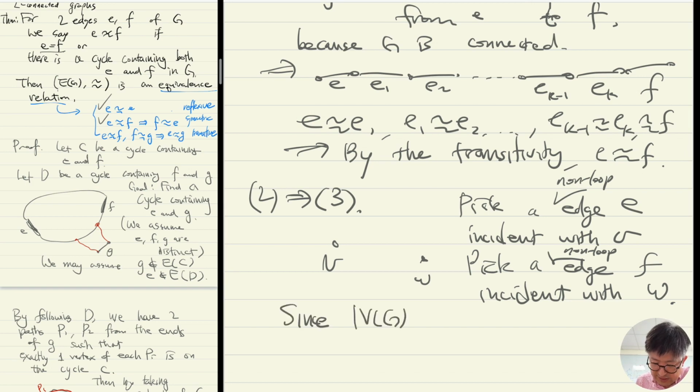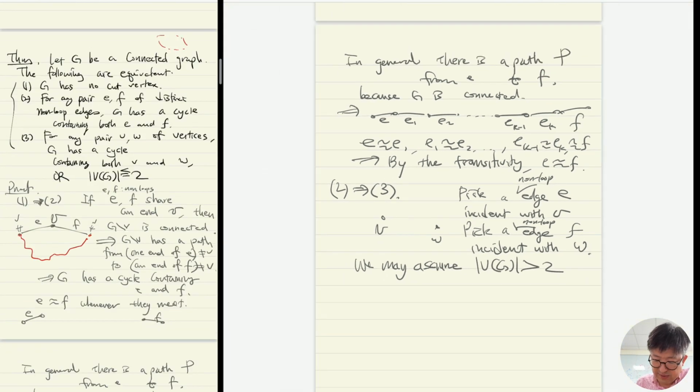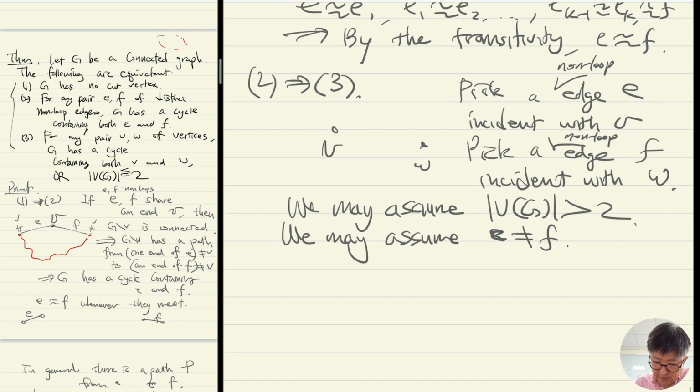We may assume the number of vertices is bigger than 2, because otherwise we are done. Then we may assume that E and F are distinct because the graph is connected.